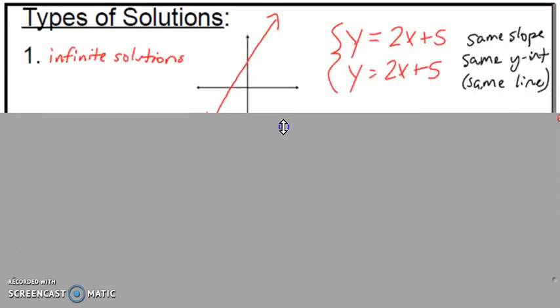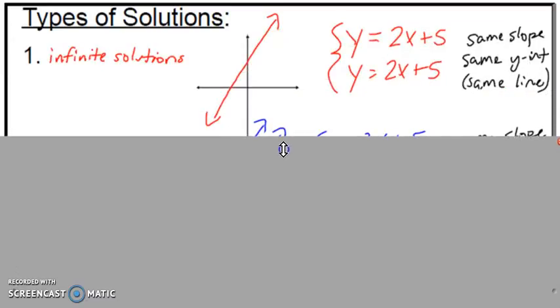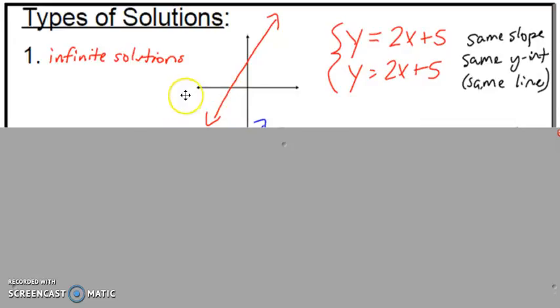First one we're going to talk about is having infinite solutions or infinitely many solutions. That's when the two equations in your system of equations are actually the same line. They have the same slope, they have the same y-intercept. If you were to graph them, they would literally be the same thing.